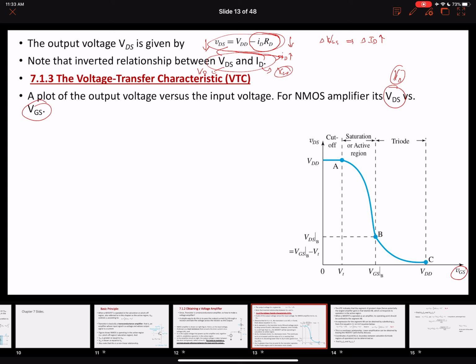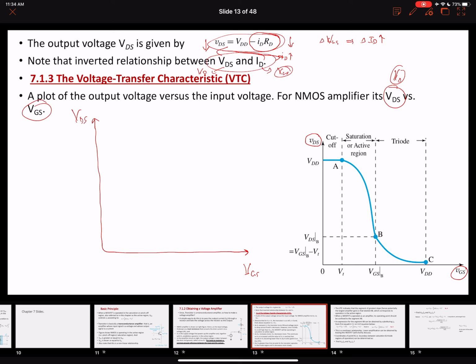On the x-axis you have your input voltage, gate to source voltage. On the y-axis you have your output voltage, drain to source voltage. So let's make our own voltage transfer characteristics.